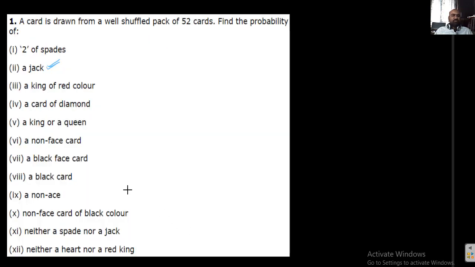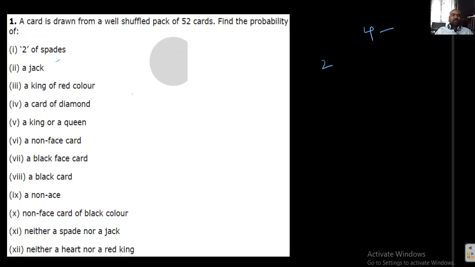Next one, students, listen. A king of red color. There are 4 kings actually: spade king, heart king, diamond king, club king. Among those, 2 are red kings, the diamond king and the heart king. There are two favorable possibilities out of 52, that is 1 by 26.